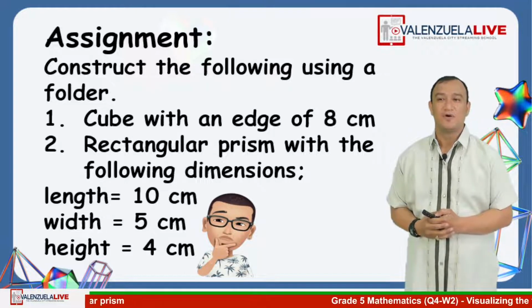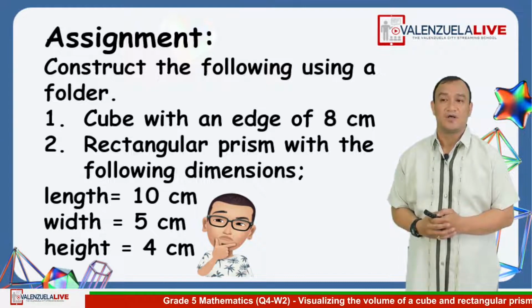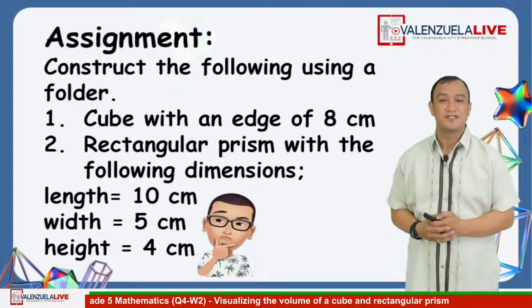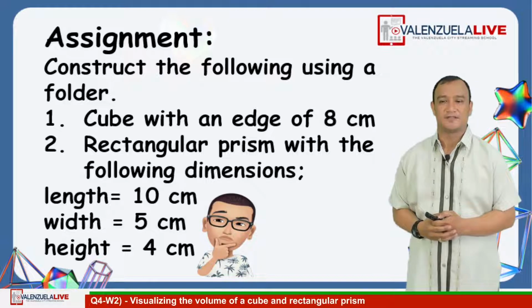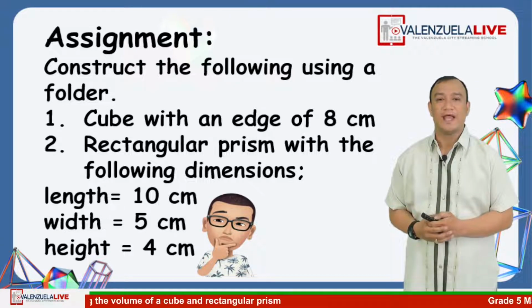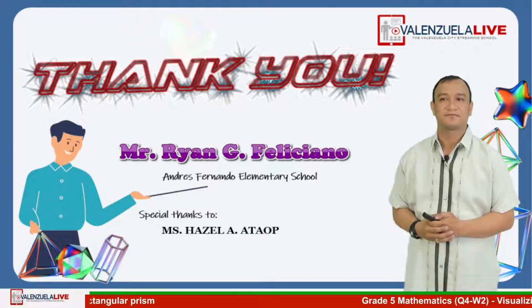Number 2, a rectangular prism with the following dimensions: length of 10 centimeters, width of 5 centimeters, and height of 4 centimeters. Then, your subject teacher will have a follow-up discussion regarding our topic and check your activities.